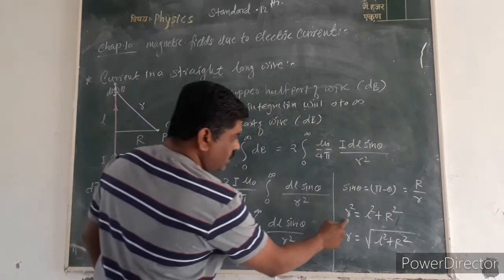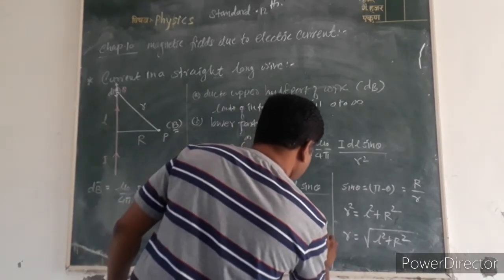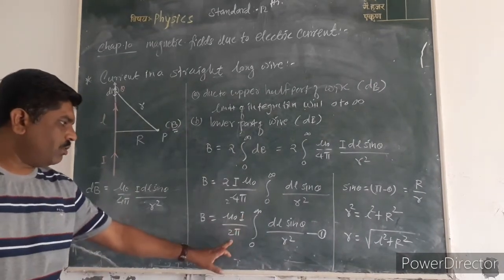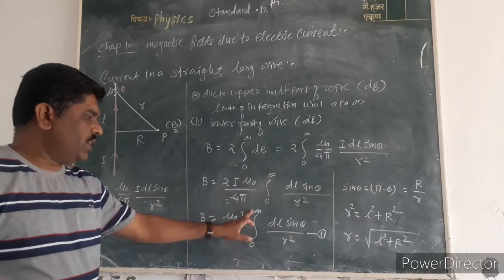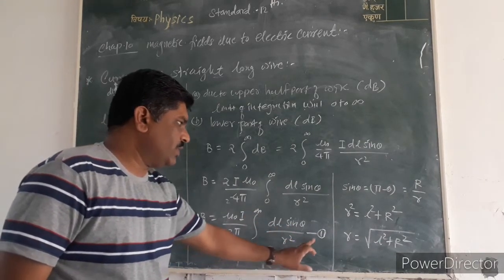Suppose this is equation number 1: B is equal to mu 0 I upon 2 pi, integration 0 to infinity dl sin theta divided by r square, equation number 1.